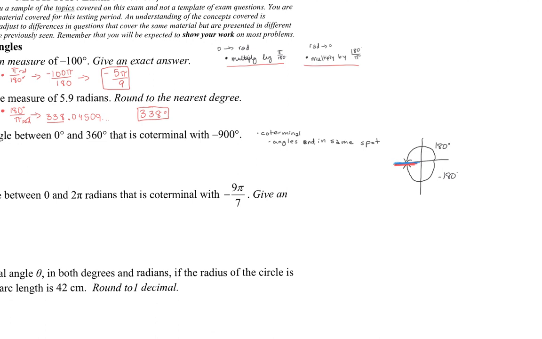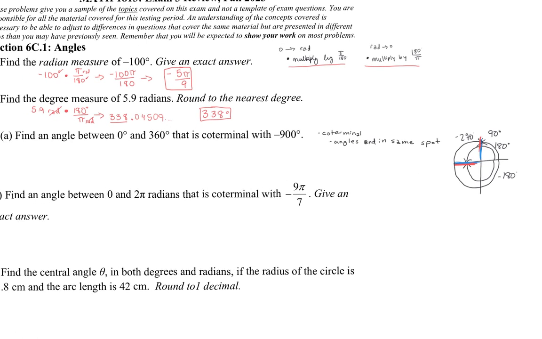Similarly, if we have something like 90 degrees, it ends here. And if we have something like negative 270 degrees, it ends right here. Those two are coterminal.